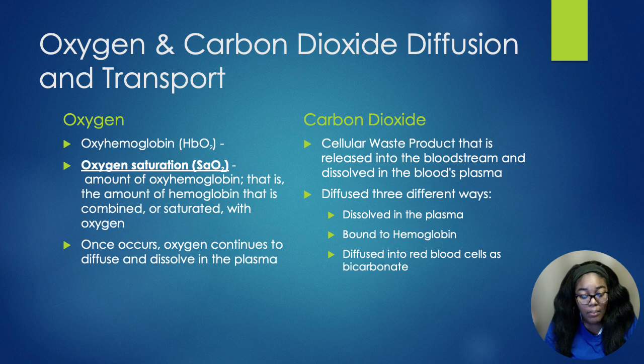You want almost all of that to be saturated with oxygen, because that helps with perfusion, which we'll talk a little bit about in a later lecture. But it's a good thing to have an oxygen saturation somewhere between 95% and 100%. Once your oxygen saturation occurs, that oxygen continues to diffuse and dissolve in the plasma of the blood, and that's where you see it carried through your circulatory system throughout the body.